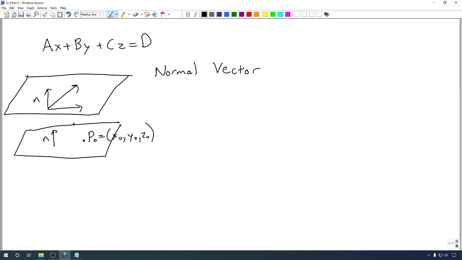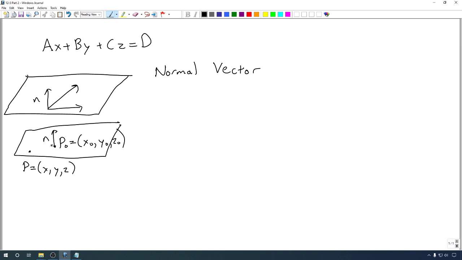Now, what does that really mean for us? Well, let's actually redraw this a little bit. Maybe I should have put the point P naught at the base of the vector n. So now we want to pick some other point in our plane. Let's say a point P over here that is x, y, z.